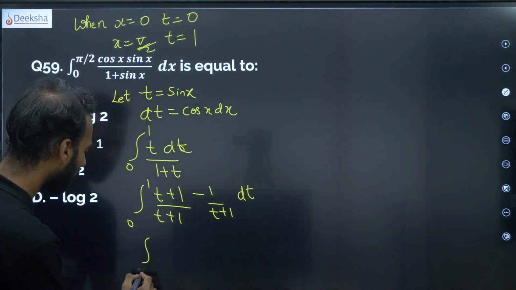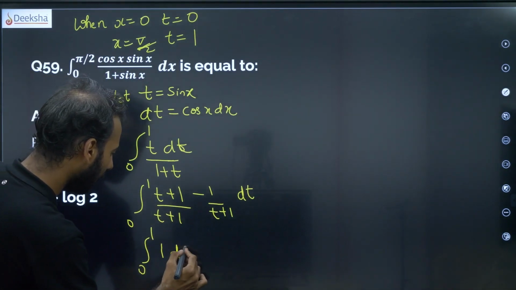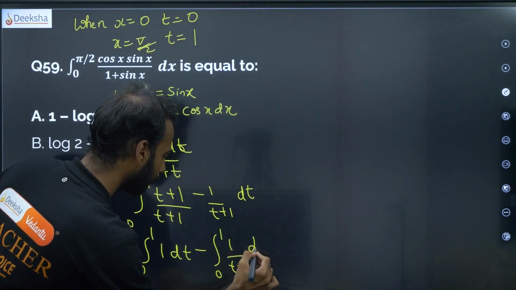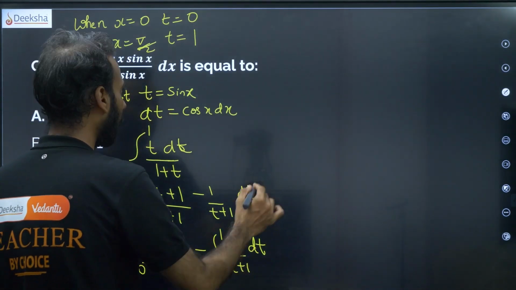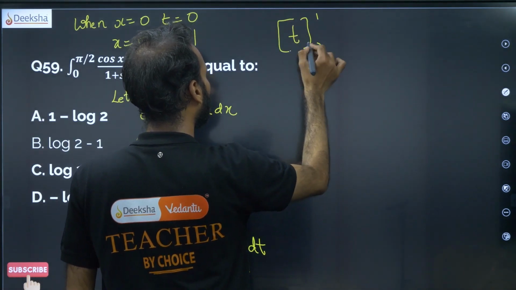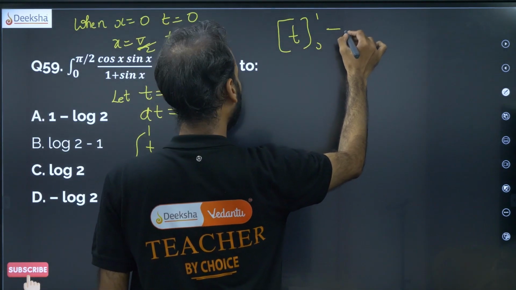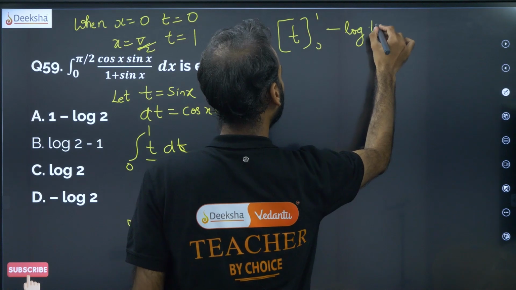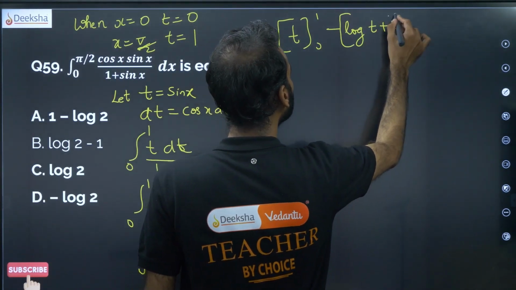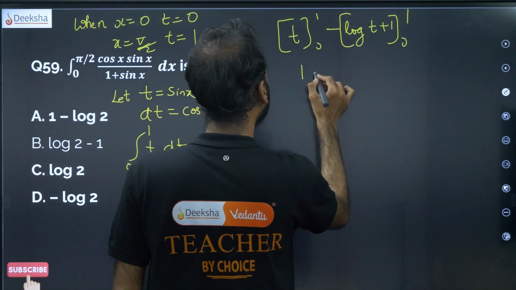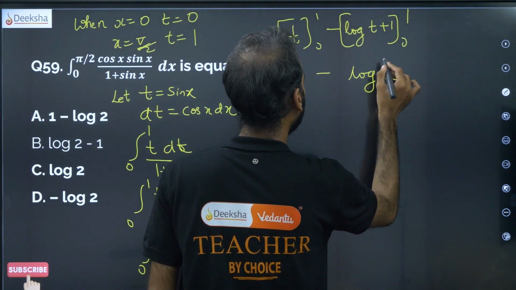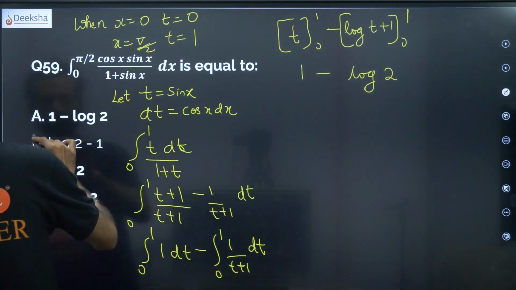Next, 0 to 1 dt minus 1 by t plus 1 dt. The integral of 1 dt is t, minus log of t plus 1, from 0 to 1. So this is 1 minus log of 2 minus log 1. So 1 minus log 2 is the answer.